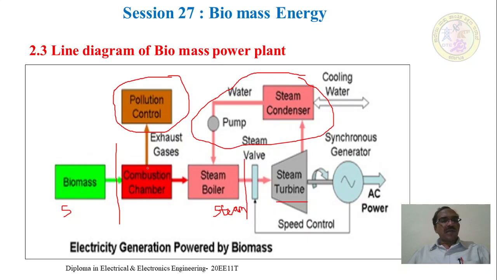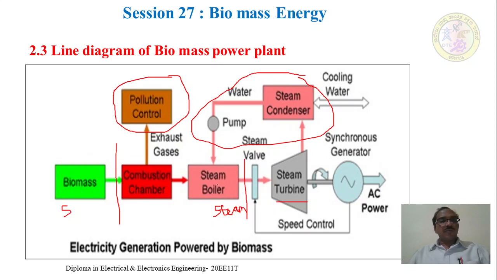Whatever flue gases come out will be reduced, and the clean air, with minimum dust, particles, fumes or chemicals, will be let out to the natural air. So these are the important divisions that we are going to have. I repeat once again, you will have sources of biomass which will first be preheated, and then they will be given to the combustion chamber where they will be heated.